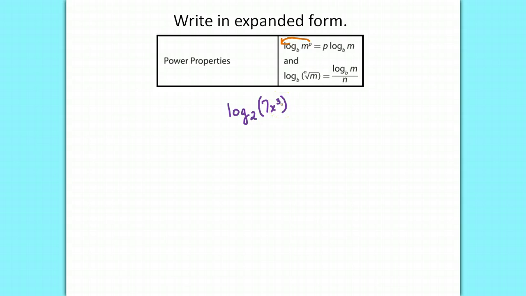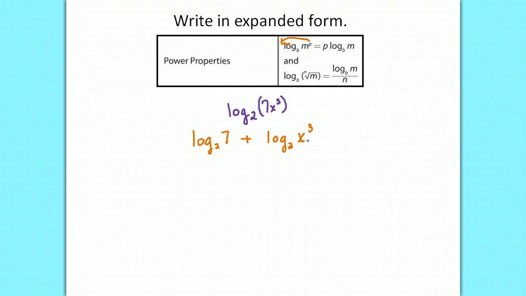So we can actually use a property on the slide before this one, the product property, to break it apart by using plus signs. So we could write this as log base 2 of 7 plus log base 2 of x cubed. So that's one thing we can do to expand it.